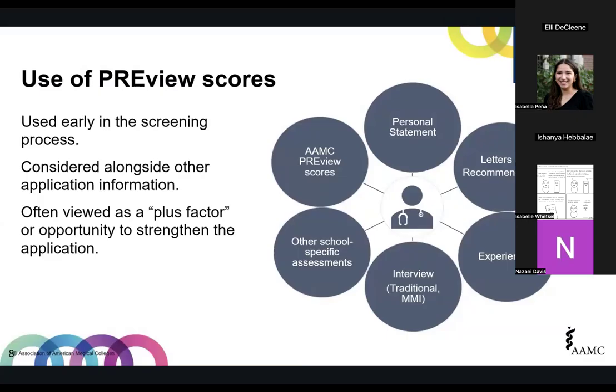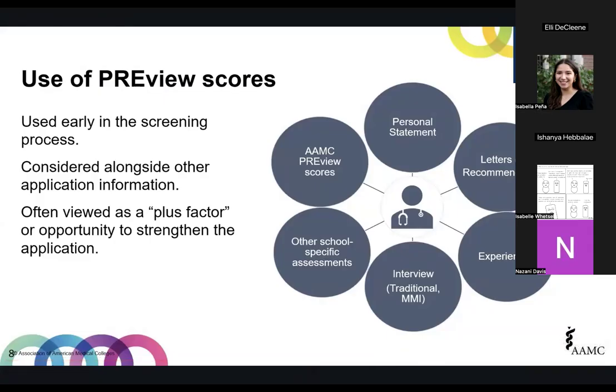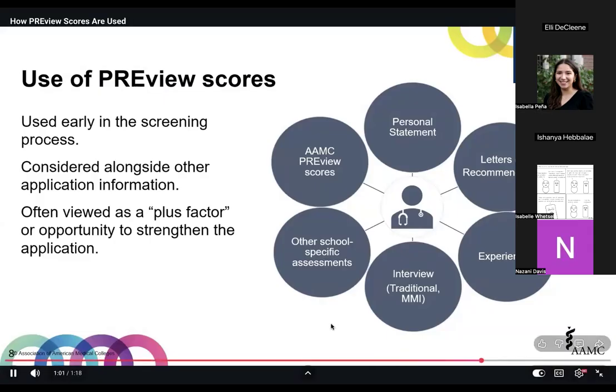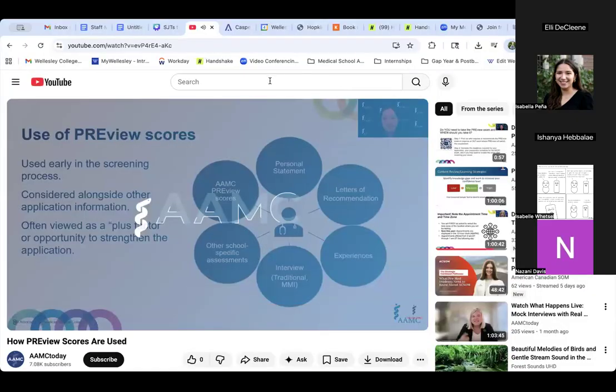A question we are receiving more and more is whether or not schools that require the exam will consider an application complete if a preview score is not available. This will depend on the school, as some schools will require the score before they begin the review, and we found others would complete the initial screen but not review a secondary application without a score. This is anecdotal, so it is important for you to get clarification directly from the schools you are applying to regarding their requirements.